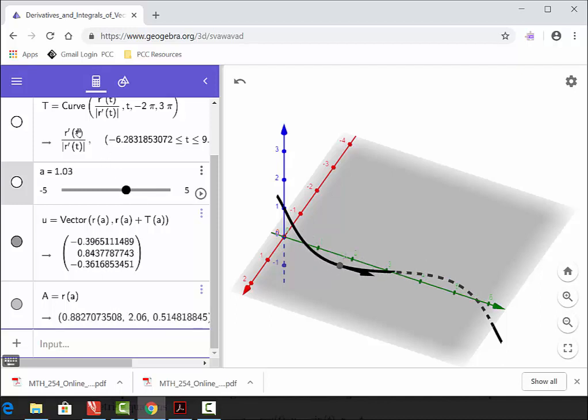All right, so that's just a nice way to show what this tangent vector function is doing. It's always outputting the vector that points in the direction of the curve from any point there. Okay.